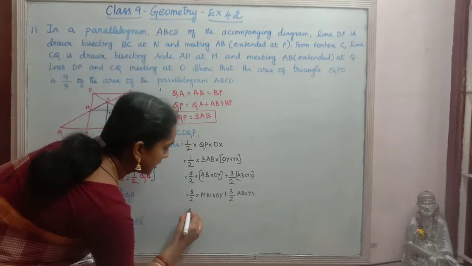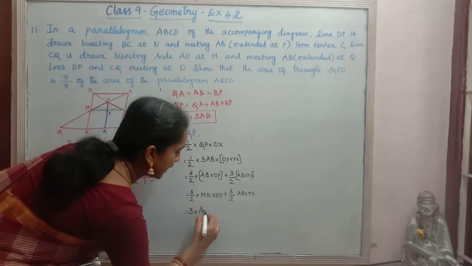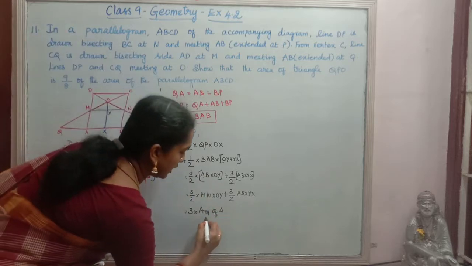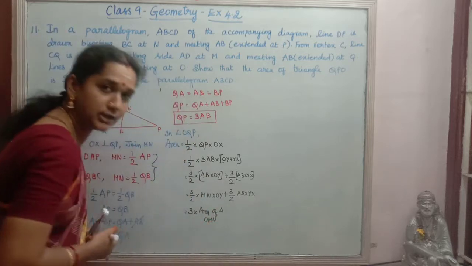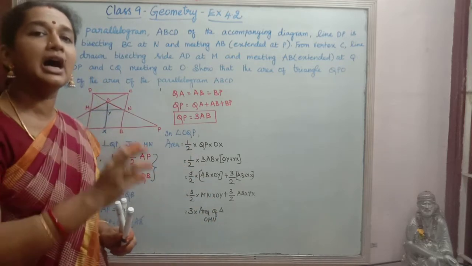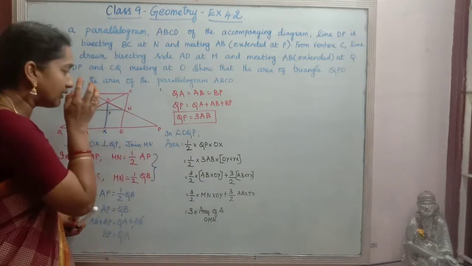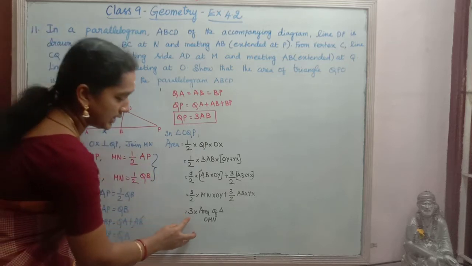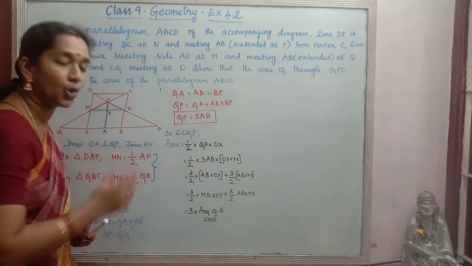So we will get 3 into area of triangle OMN. Understood? The area of a triangle is half into base into height, so we write that as 3 into area of triangle OMN.